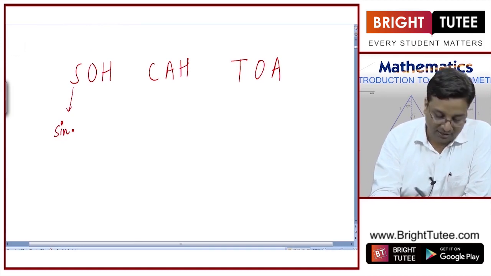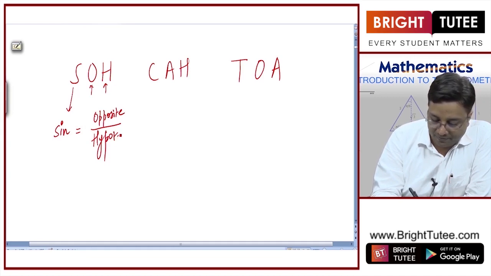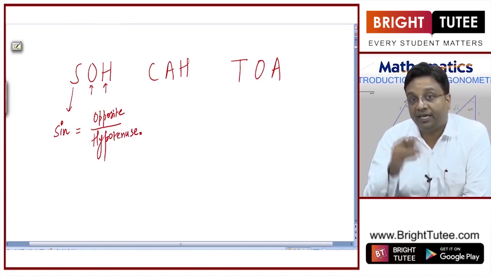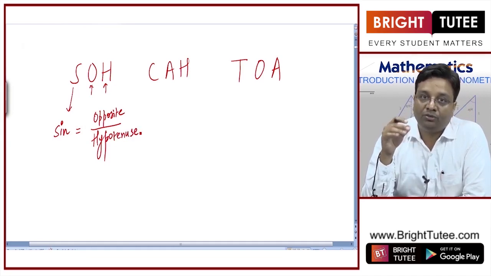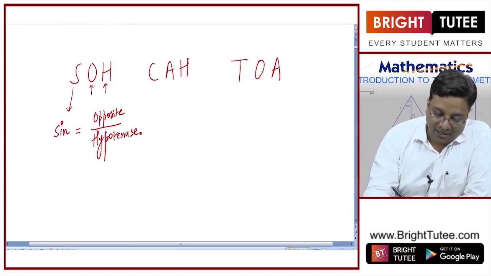Sine of an angle is equal to opposite upon hypotenuse. So sine of an angle is equal to opposite side divided by hypotenuse, right?